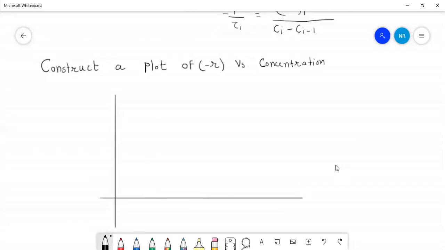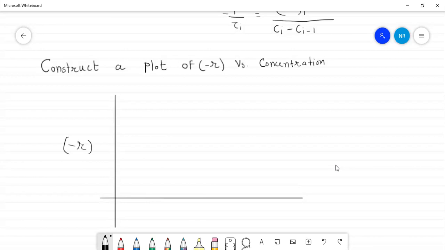So we have to draw a graph of minus R versus concentration.